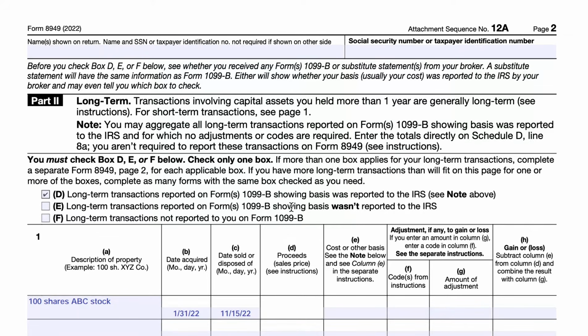And on the day you sold it for $20,000, so $200 a share.